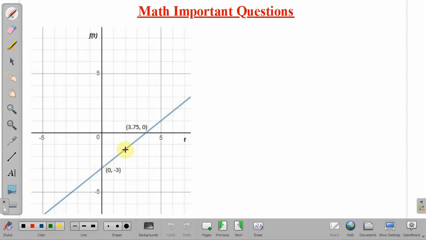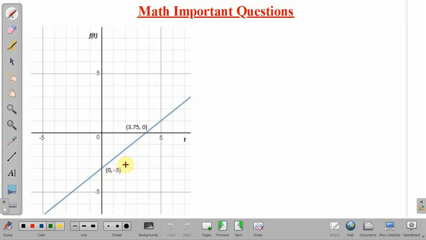We can plot a straight line if we have at least two different points. It should be different points. If you get only one single point, there can be an infinite number of lines.